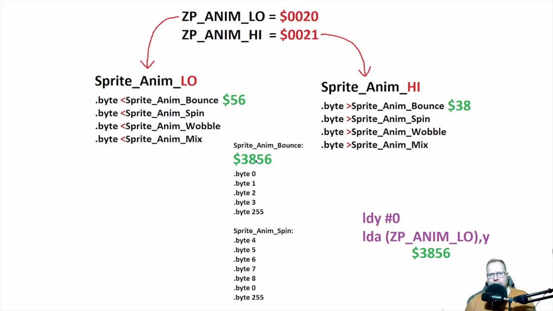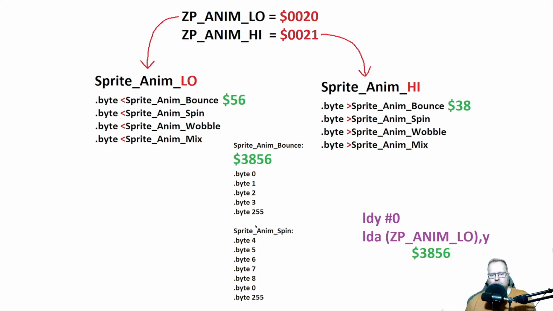we want to make this dynamic. So we have several tables. For example, here we have sprite anim bounds. That's one animation type. Then we have sprite anim spin. That's another animation type. So I want to have a dynamic system where I can address different tables.